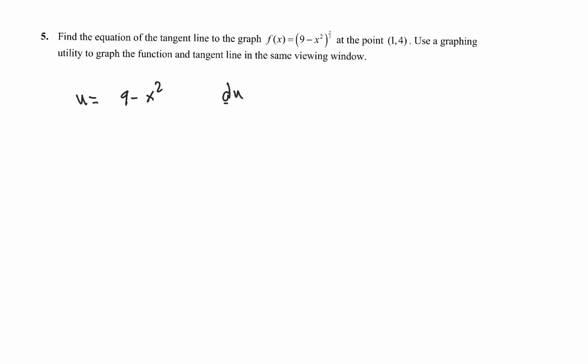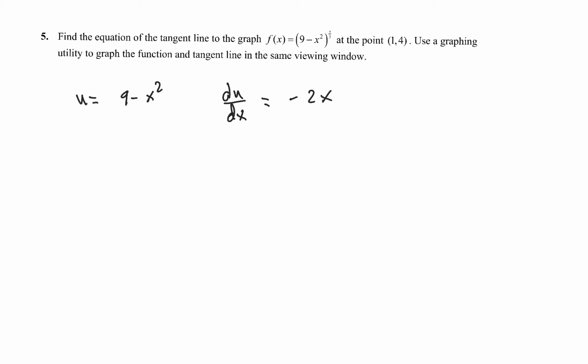The derivative of u with respect to x is minus 2 times x, because the derivative of 9 is 0, because 9 is a constant function.